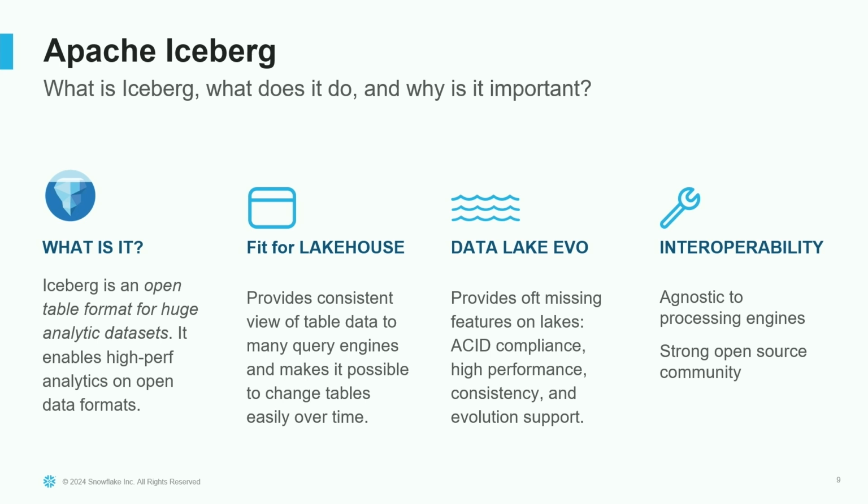It has tool-agnostic technology, which checks the boxes on data warehousing. It lets you update your data and merge your data on the same data lake that you have. So it checks all the boxes of data warehouse capabilities, and thus it fits right away into a Lakehouse data architecture.